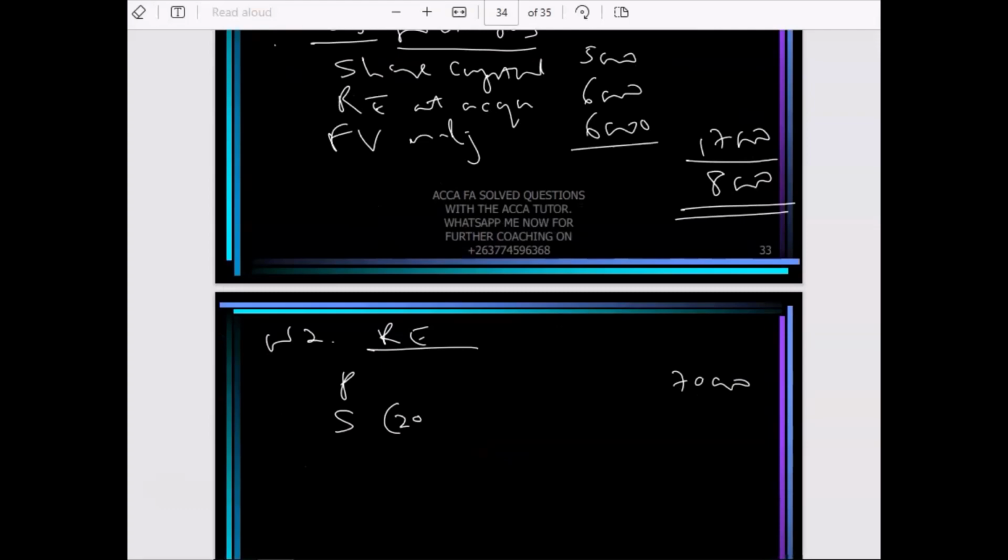So we say 20,000 minus the pre-acquisition profits, and we only take 14,000. However, this 14,000 is 100% of the post-acquisition profits, because this subsidiary is 100% owned. So we take everything. We add up and we get 84,000.